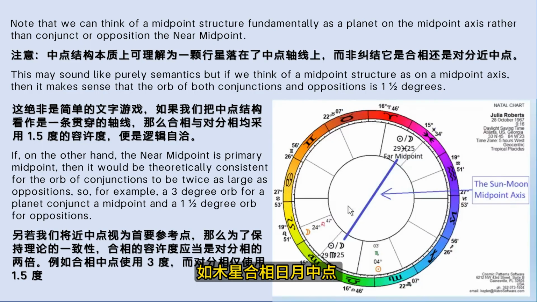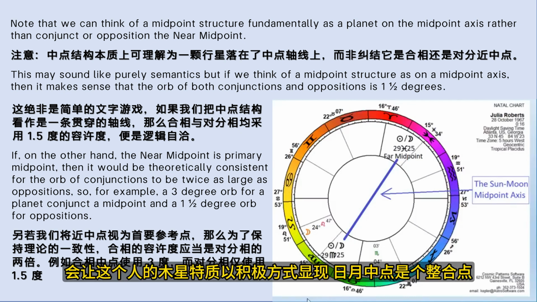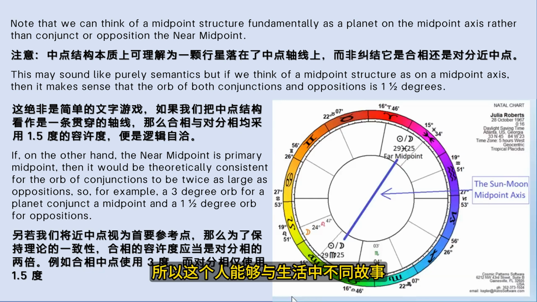to see if, for example, Jupiter is conjunct the Sun, Moon midpoint, that would make the person Jupiterian in a positive way, because the Sun, Moon midpoint is an integrating point. So the person is able to relate to people who have different stories in their lives, different history, different background, because Moon is the past, it's your moods, it's your heritage.